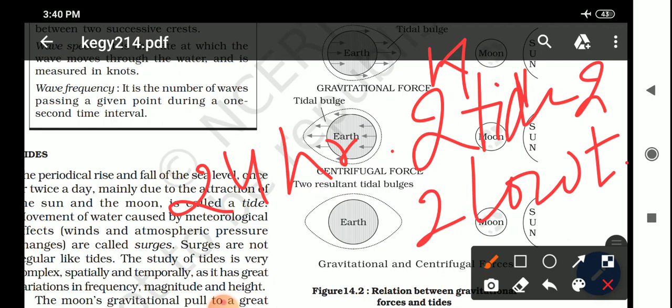Two high tides and two low tides in 24 hours is called semi-diurnal tides. If in 24 hours there is one high tide and one low tide, it is called diurnal tides.